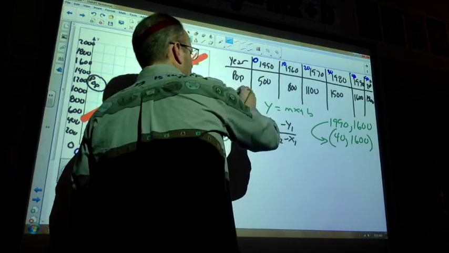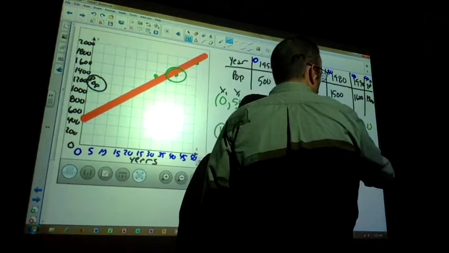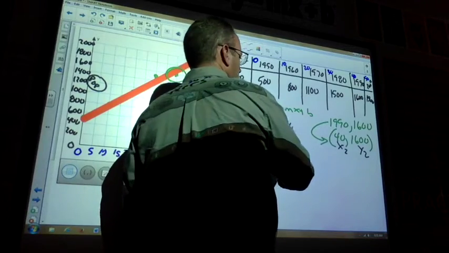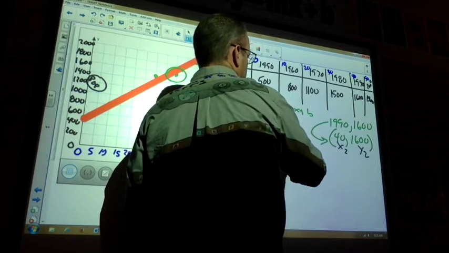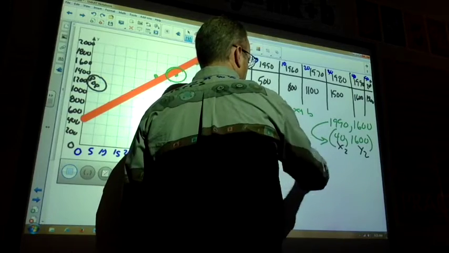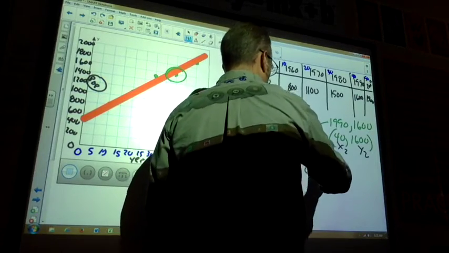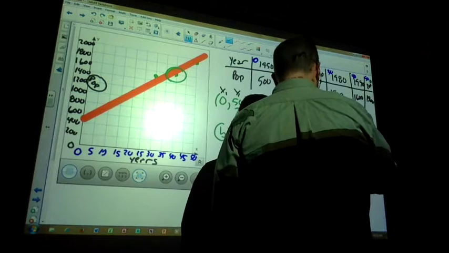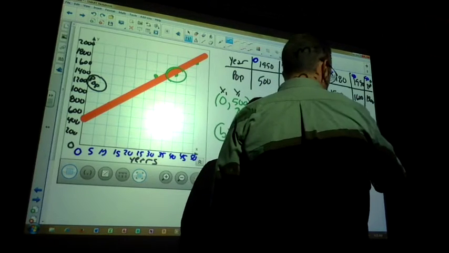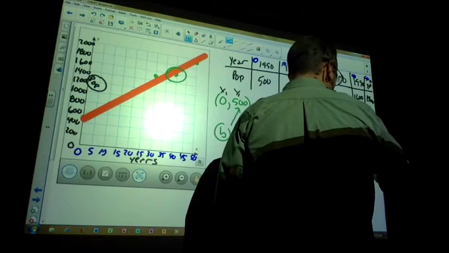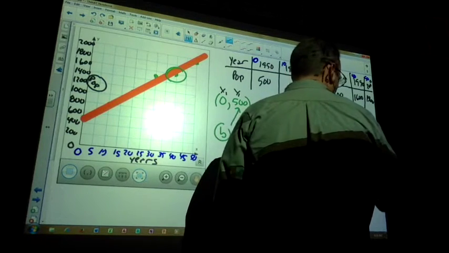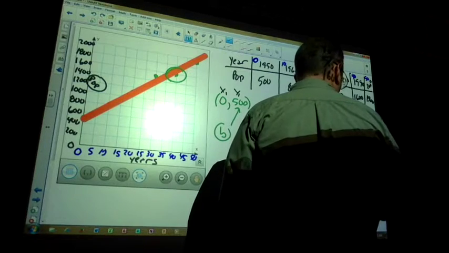I'll label that x1, y1 and that x2, y2. 1600 minus 500 over 40 minus 0. That's 1100 over 40. I can reduce that to 110 over 4, and 2 goes into both, right? 55 over 2. That's our slope.